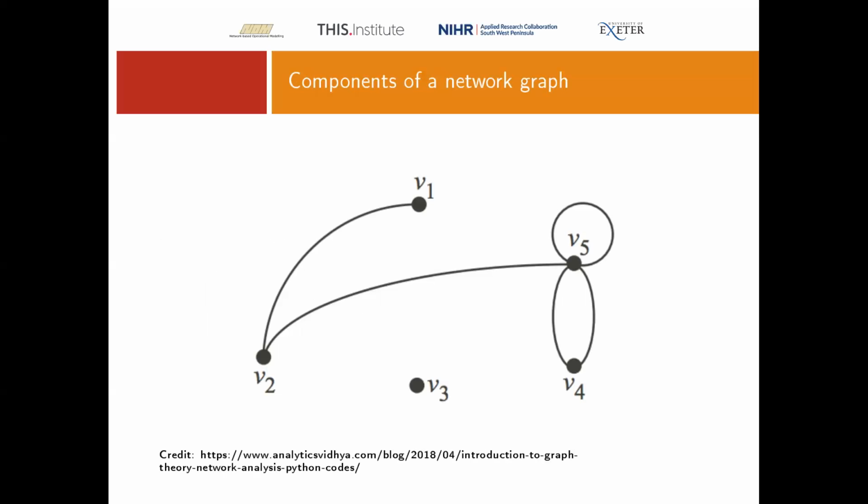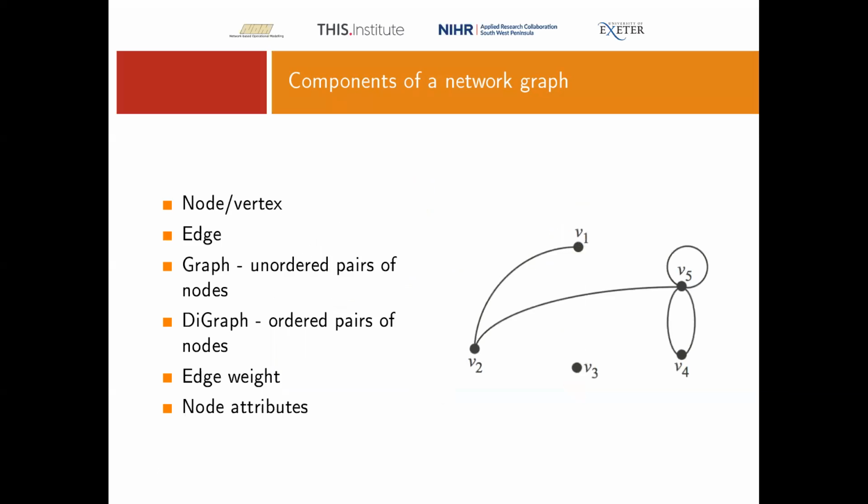So when we look at network graphs in their most simple form, there are a few different attributes that the nodes and the edges themselves hold. So the nodes are our dots here, and they're also called vertices.